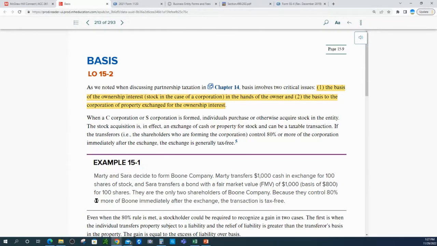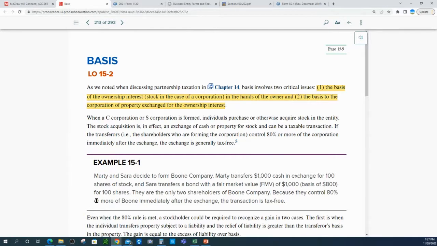Remember with partnerships, that basis essentially just transferred over. If I gave a building with a basis to me of $100,000 to the partnership, then that was my basis in the partnership. That basis just transferred over, and then I took that amount of basis in the partnership.